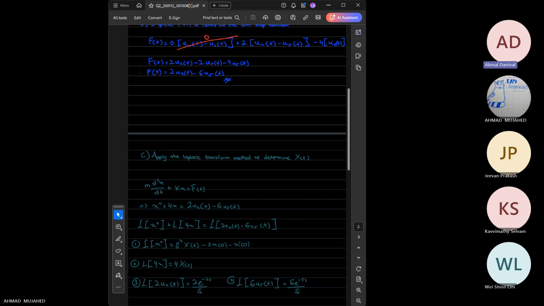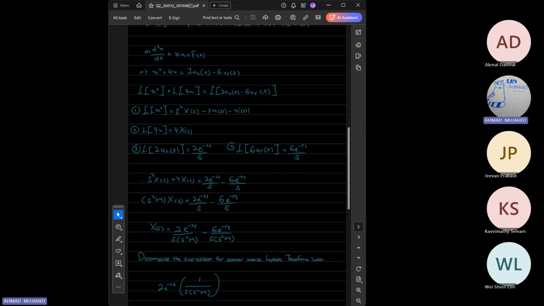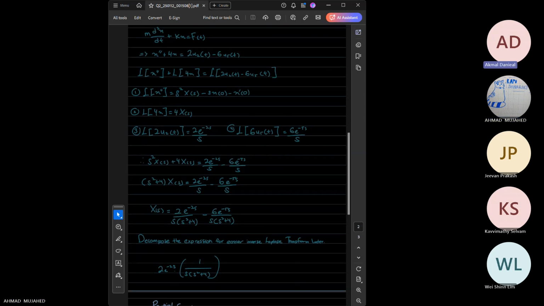So we Laplace transform one by one: x double prime, 4x, 2u2(t) and 6u5(t). When we transform into Laplace form, we get s²X(s) plus 4X(s) equal to 2e^(-2s) over s minus 6e^(-5s) over s.